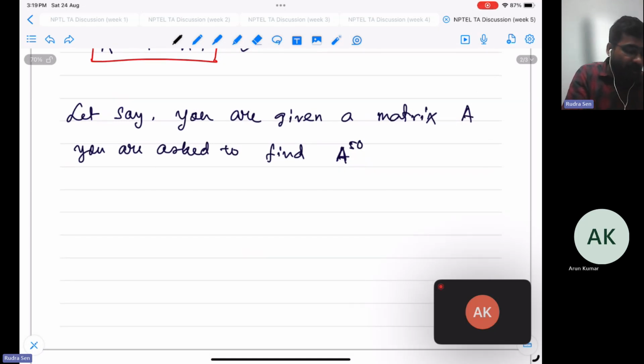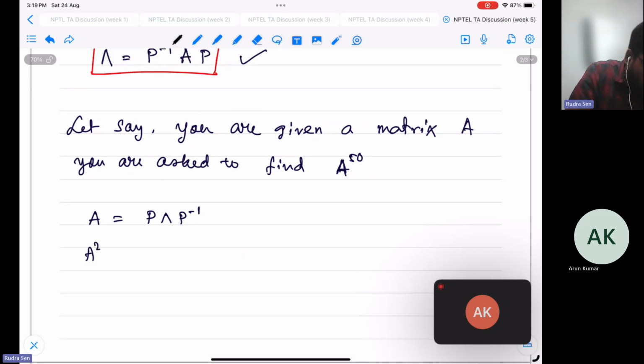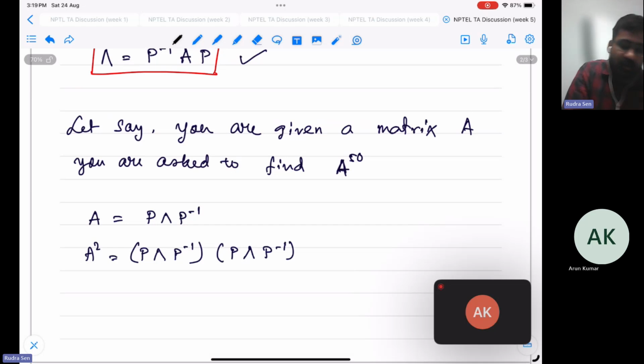But in case of diagonalization, let's say we know that A is equal to P lambda P inverse, right? So what is A square? A square should be P lambda P inverse into P lambda P inverse, right?